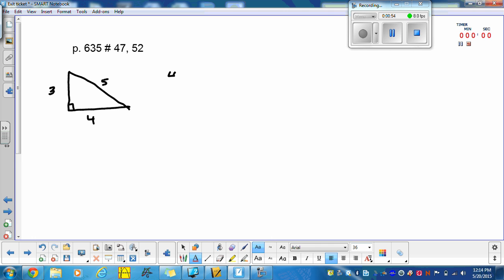For problem 47, it tells us to find the sine of theta divided by 2. So we're going to look at the formula for the sine of a half angle, and you see that it's plus or minus the square root of 1 minus cosine of theta divided by 2.